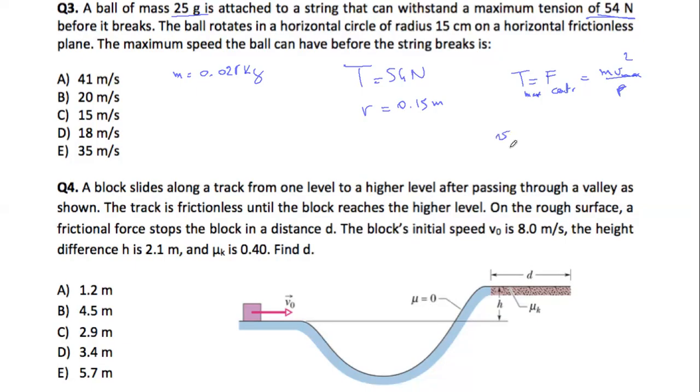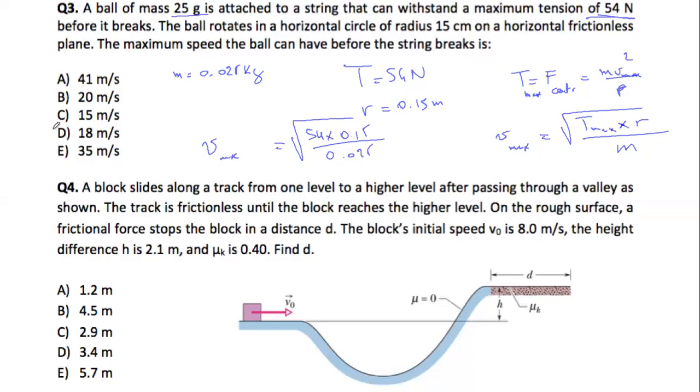So Vmax is the square root of Tmax times the radius, divided by the mass. Let's put the numbers. Square root of 54, the maximum tension, times the radius 0.15, divided by the mass 0.025, and this gives you a maximum speed of 18 meters per second. Classic.